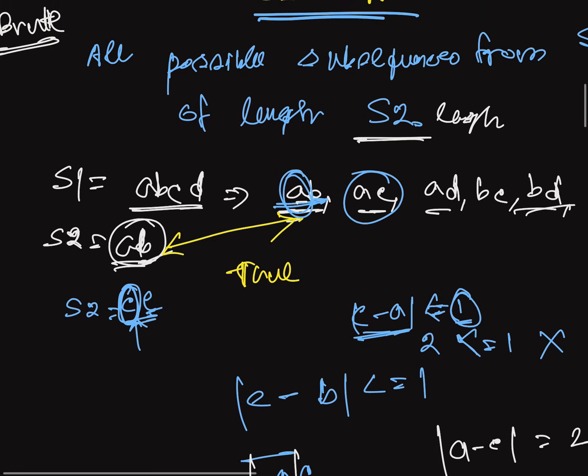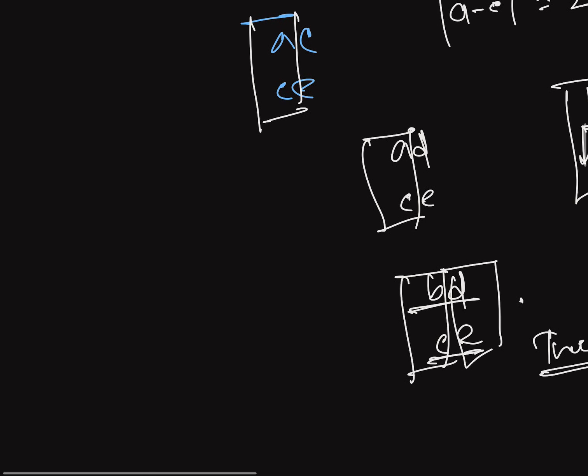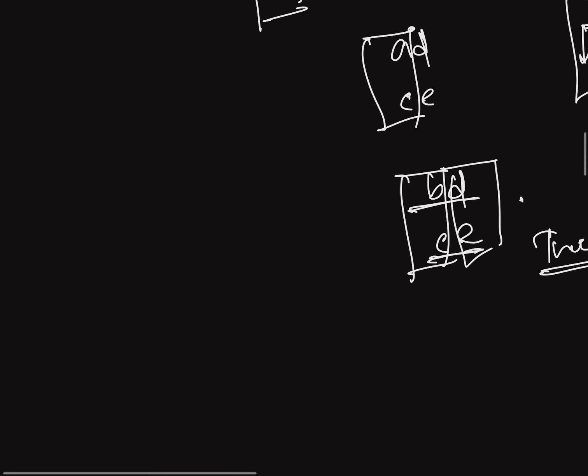So here what will be the time complexity? To generate all possible subsequences of length L, we have to traverse each character, and each character has 2 options: it will be part of the subsequence or not part of the subsequence. So if there are n characters, then the time will be 2 to the power n, correct?